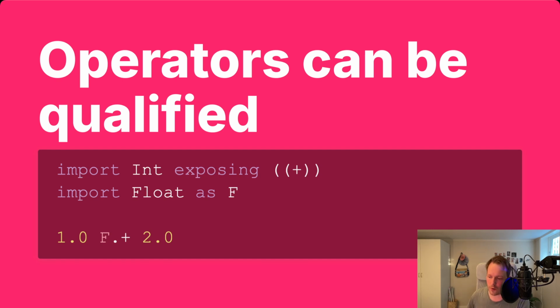And so if you want to do float operations, you could do f dot plus for float addition. And that would give you a little bit more flexibility. And of course, if you're primarily doing maths on floats, then you would just expose the plus function from the Float module instead. And so this would be more like if you want this every once in a while, that's how you would do it.